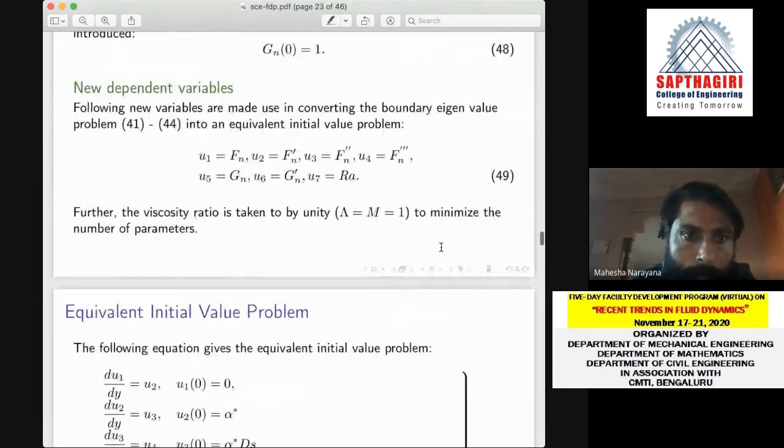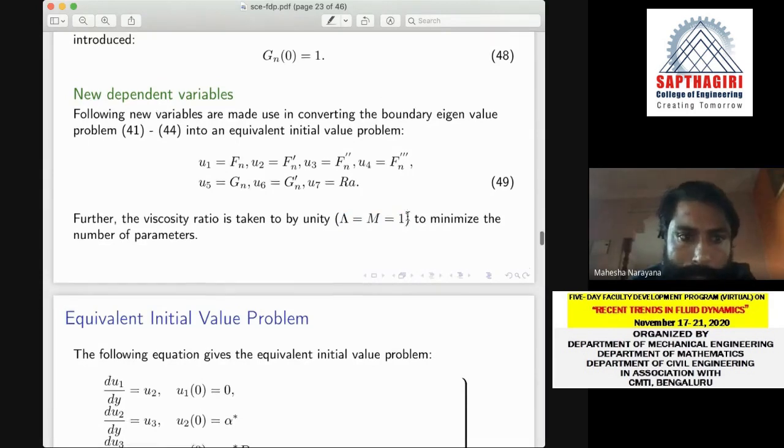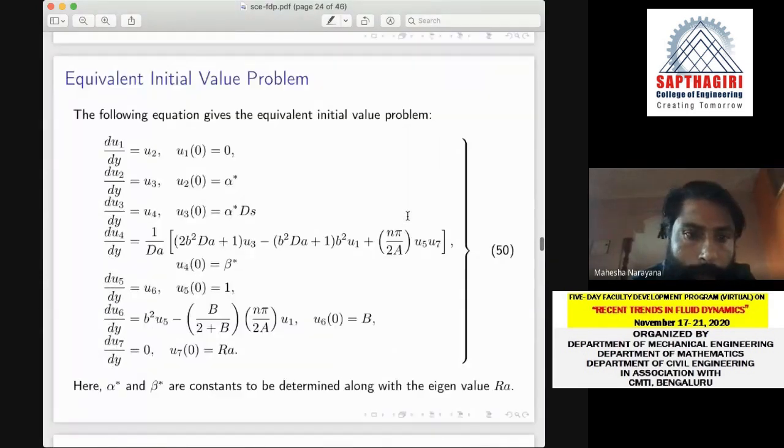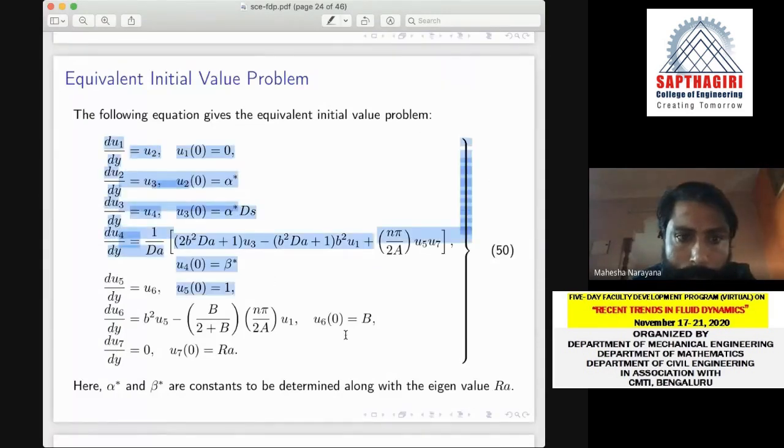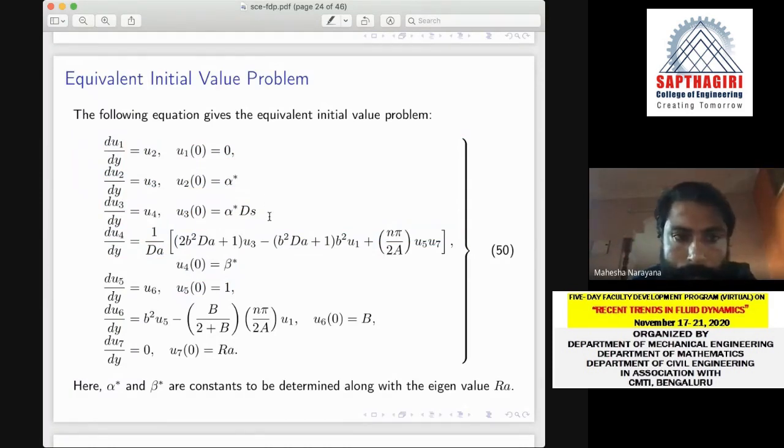And there are some more assumptions made, that we set the values of lambda and m equal to 1 to minimize the number of parameters. This conversion of the given boundary eigenvalue problem into an initial value problem is somewhat similar to the technique of shooting method. There also we do the same thing. We convert the boundary value problem to an initial value problem.